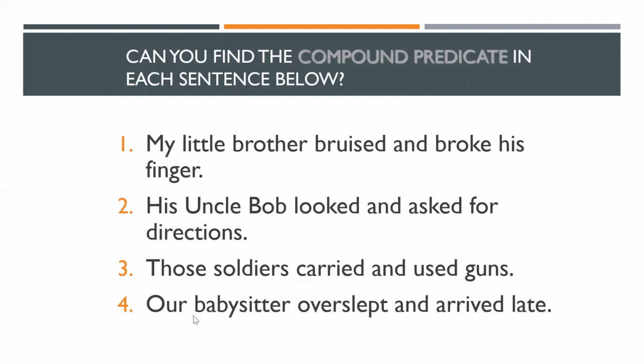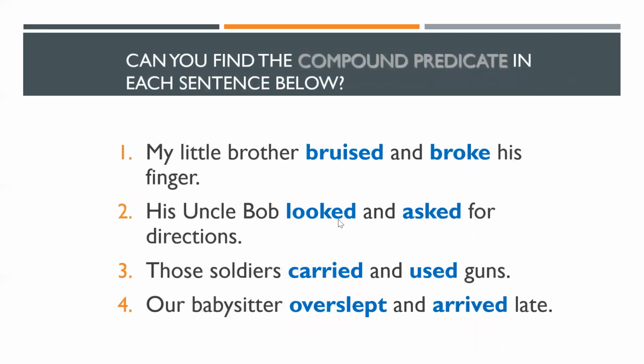The next one is, our babysitter overslept and arrived late. So you have the first verb is overslept, ketiduran, and then arrived. Okay, next one we go to the exercise.